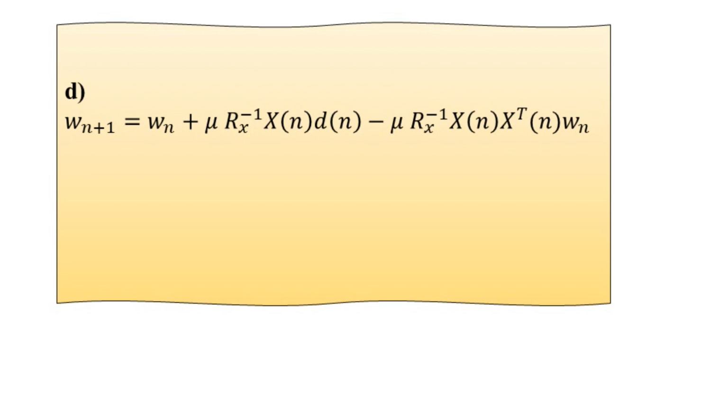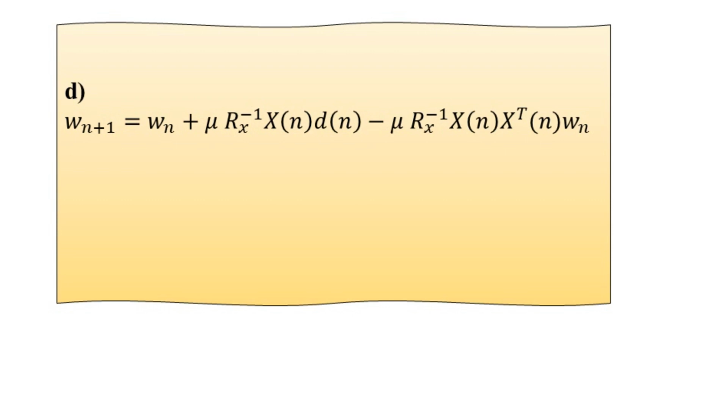So instead of using the error signal, the difference, here we have used the desired signal and the output signal. That is why we have three terms on the right hand side.